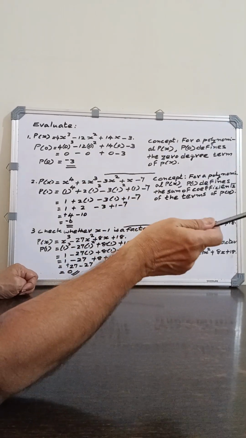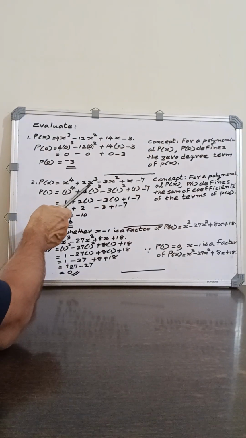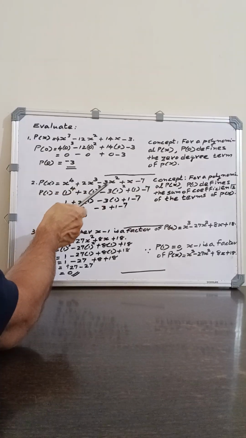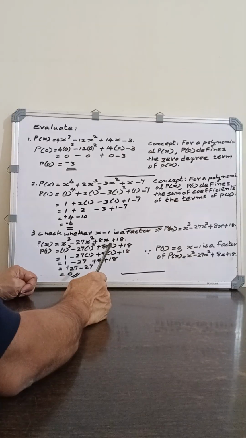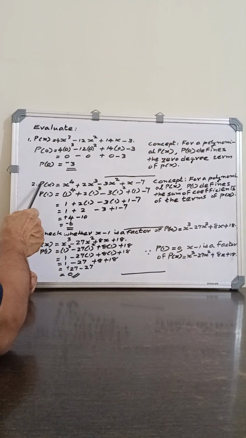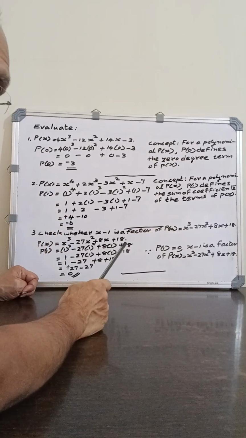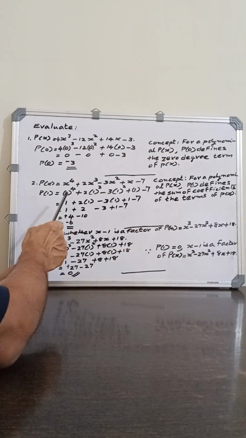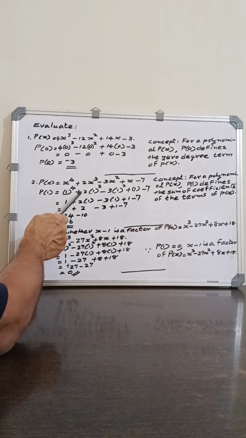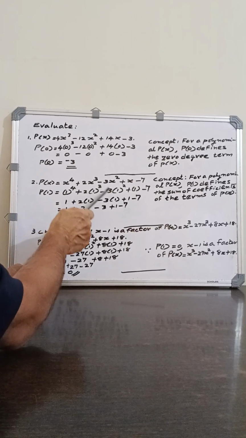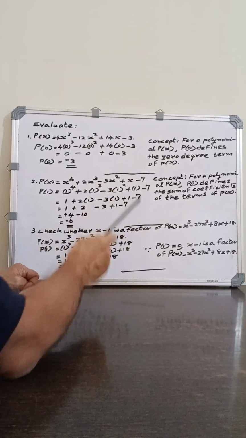Next concept. P of x equals x raised to 4 plus 2x raised to 3 minus 3x squared plus x minus 7. The degree of this polynomial is 4. And what is P of 1? P of 1 means in the place of x, I am substituting 1. 1 raised to 4 plus 2 into 1 cube minus 3 into 1 squared plus 1 minus 7.